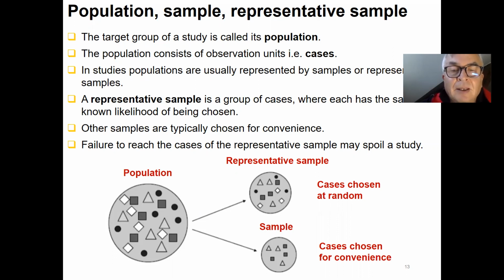And then you have a not so representative sample, sorry, here below, and that's usually a convenience sample. People select the first 50 persons whom they encounter on the street for interviews or something like this.